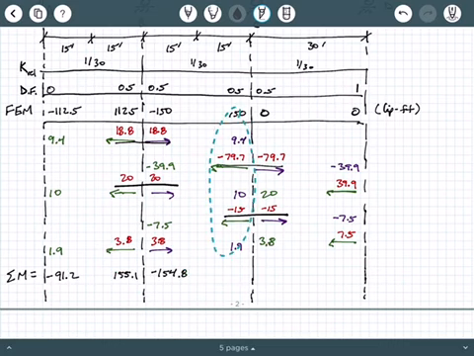So let's add up these values right here. We say 150 plus 9.4 minus 79.7 plus 10 minus 15 plus 1.9, 76.6. And then on the other side, negative 79.7 plus 20 minus 15 plus 3.8.